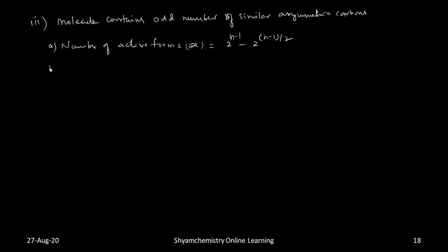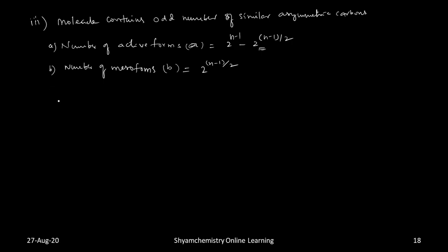Okay. Number of mesoforms, that is B, is equal to 2 to the power of n minus 1 divided by 2, which is written here. Okay.